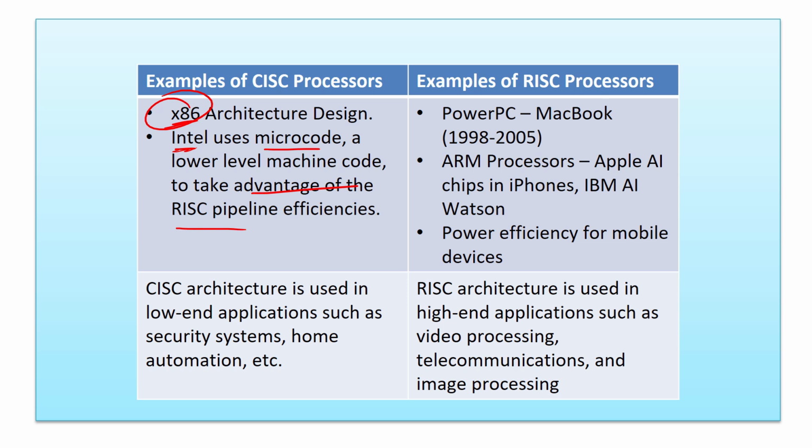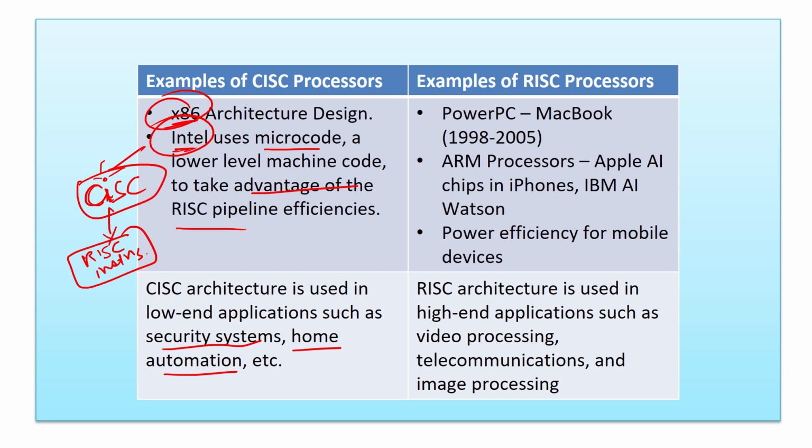So in CISC processors also, what Intel is doing now, within the CISC, they are breaking down their instruction into the RISC instructions, and internally the working is done using the RISC architecture, but overall they are interpreting the instruction as the CISC instruction. So the CISC architecture is used in low-end applications such as security systems, home automation, etc.